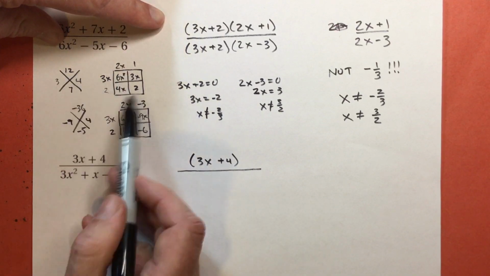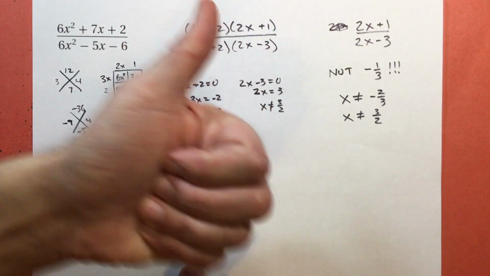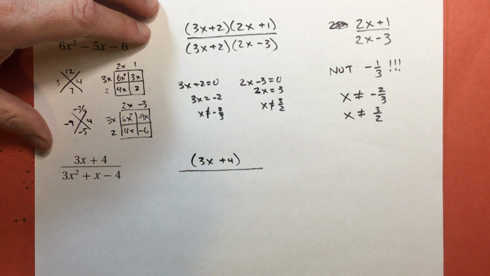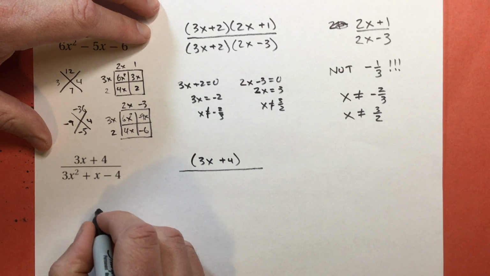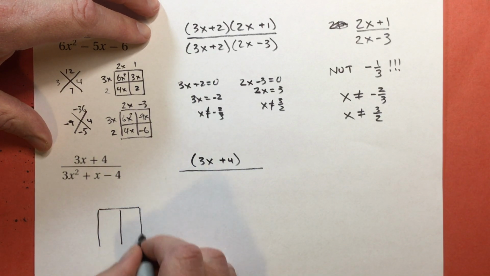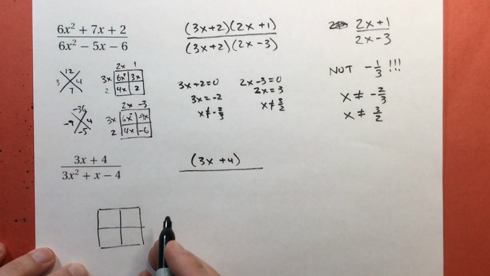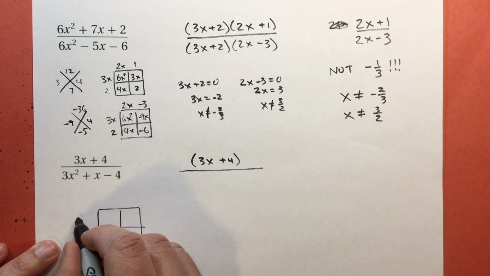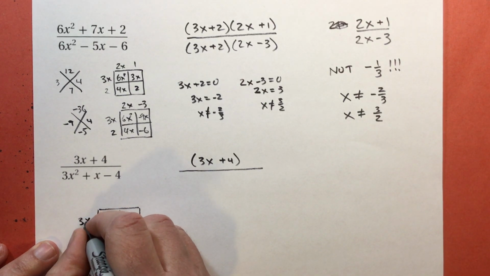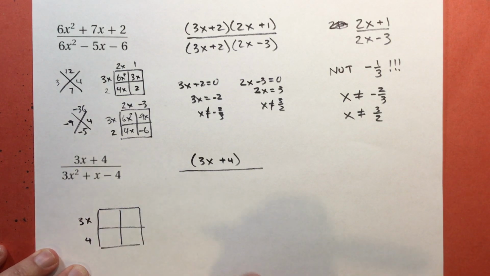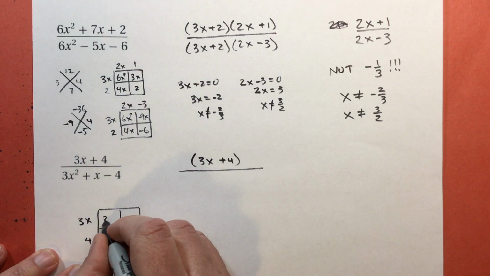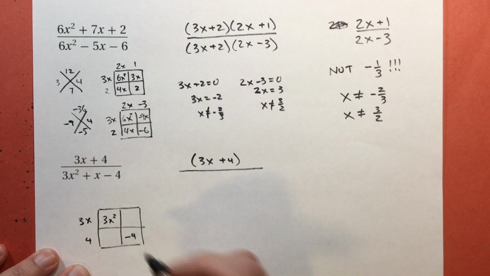So yeah, you can do your diamond method. That's perfectly okay. But I'm just going to show you a different way to think about it. If one of the factors was 3x and 4, and I knew this was 3x squared, I knew this was negative 4.